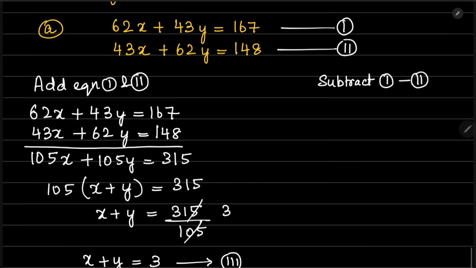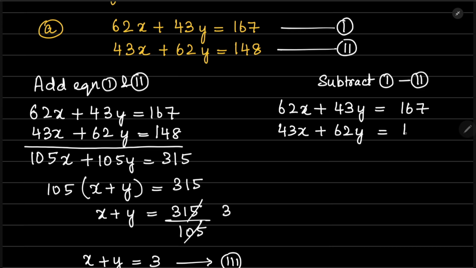Now let us subtract 1 minus 2. Let's write it. 62x plus 43y equal to 167. 43x plus 62y equal to 148. Whenever you are subtracting one equation from the other, always change the sign.